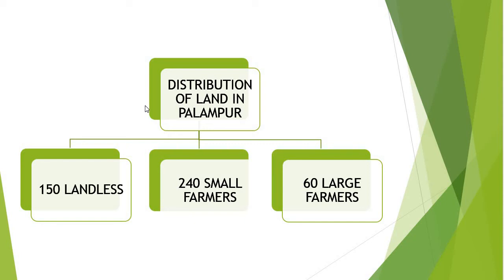Now coming to Palampur, there are 150 landless people in Palampur. 240 are small farmers. Small farmers are the ones who own less than 2 hectares. And only 60 are large farmers, the farmers who own more than 2 hectares.